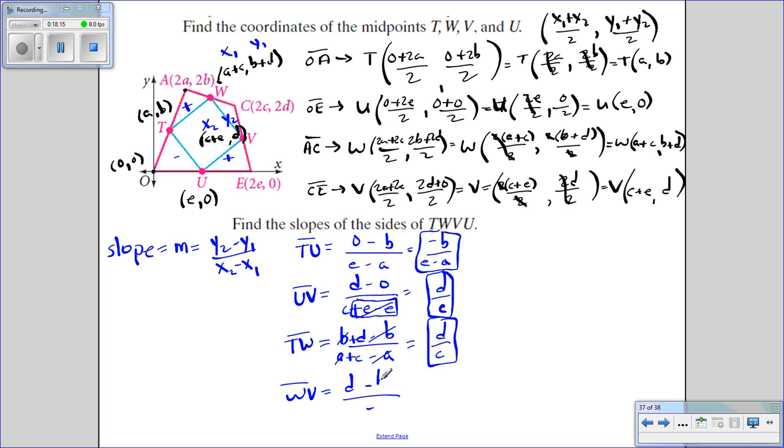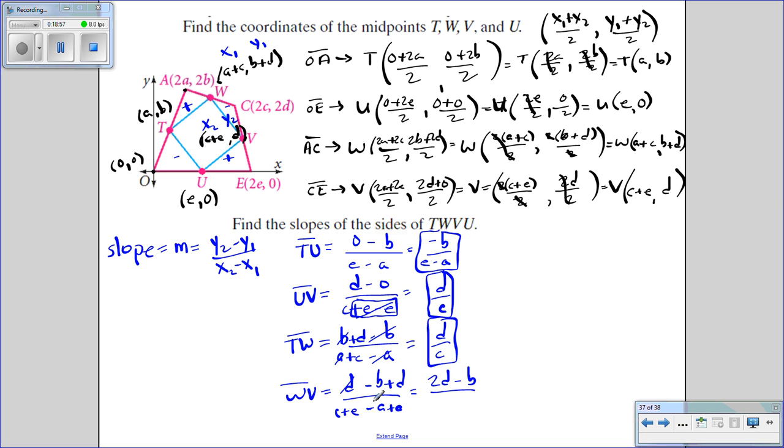D minus B plus D. Now note, this is a negative slope. I know it goes downhill, so that's a negative slope. And we can cancel those D's out. D plus D actually is 2D, sorry, minus B. All over. Let's do the bottom one. All right, we have C plus E is my x2, so this is going to be C plus E minus x1 is A plus C.